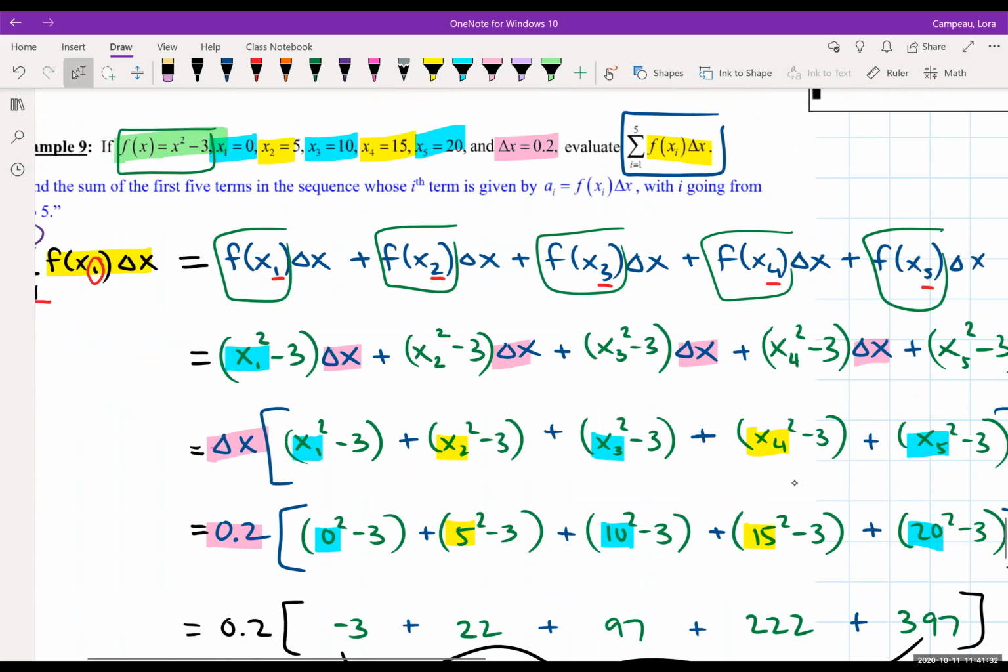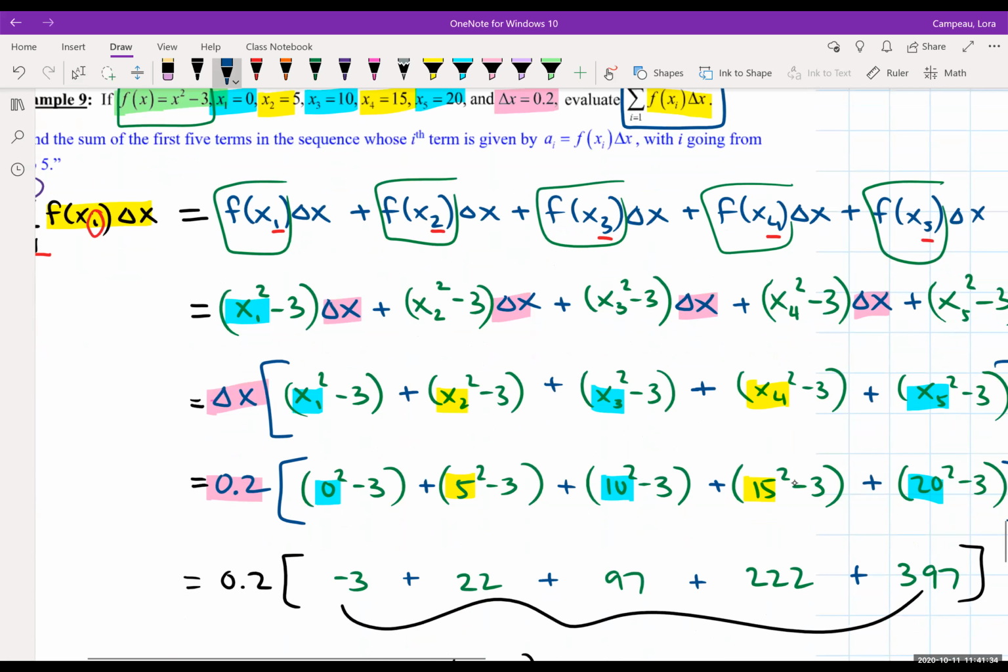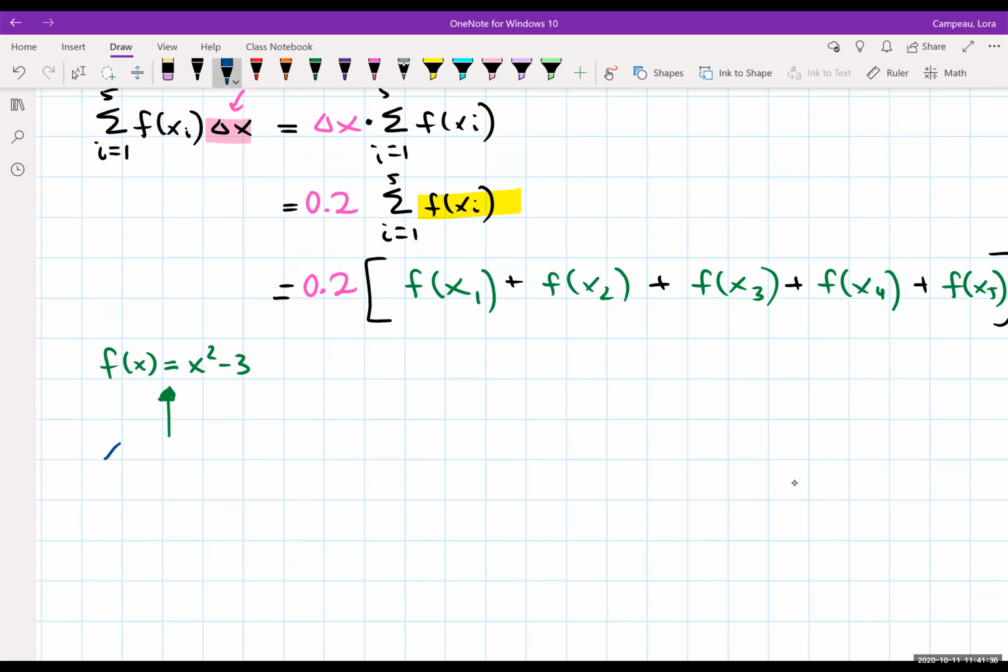So we should have x sub 1 equals 0. X sub 2 equals 5. X sub 3 equals 10. X sub 4 equals 15. There's a nice little step increment there. X sub 5 equals 20.